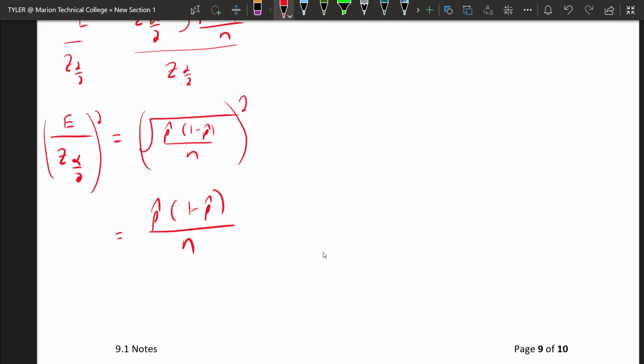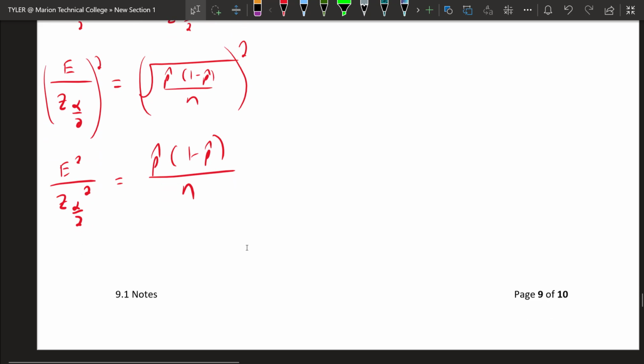And then on the left-hand side, when you take a fraction and square it, you have to apply the exponent to the numerator and denominator. So this would be E squared divided by Z alpha divided by 2 squared. That's an exponent rule.